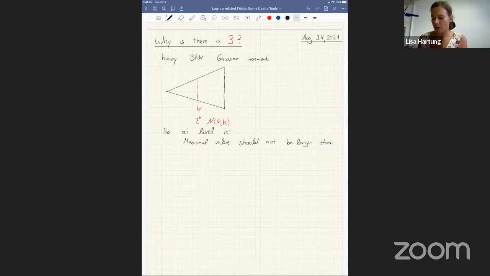Because we learned yesterday that we can bound the probability that the maximum at time n is large by the corresponding quantity in the independent setup. So the maximum value at time k, where we have 2 to the k Gaussians, should not be larger than roughly square root 2 log 2, that's just the constant that we got yesterday, times k. And this is true for all levels k.